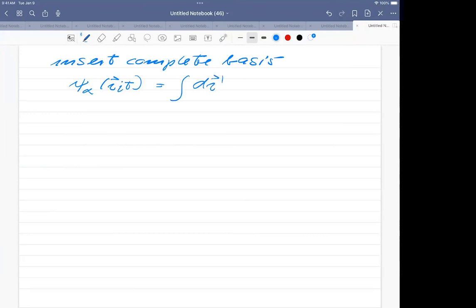I assume that you've seen this in some of the more basic quantum mechanics courses. So we have ⟨r|, and then I have my e^(−iH(t−t0)/ħ), and then I have |r′⟩. And this is multiplied with ⟨r′|, and then I have the state |α(t0)⟩ at t0. Okay.